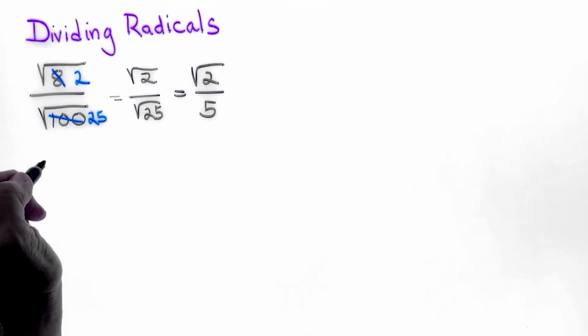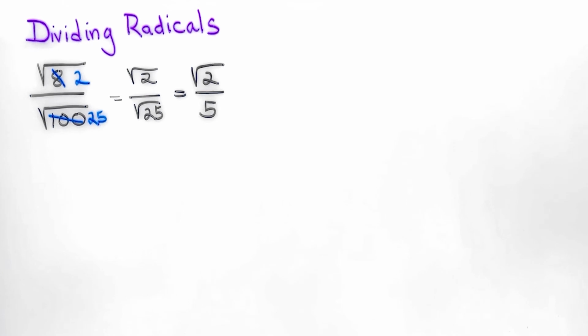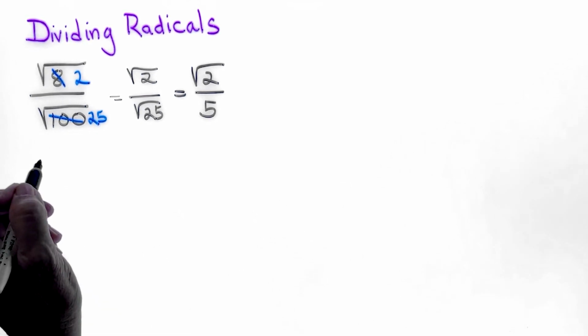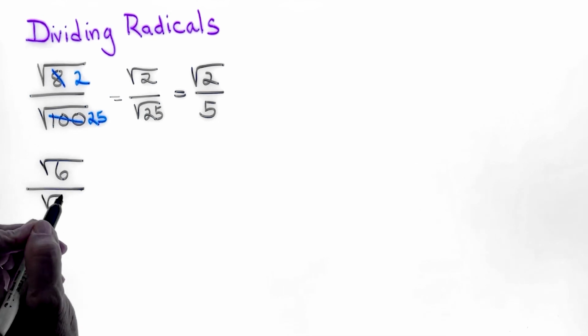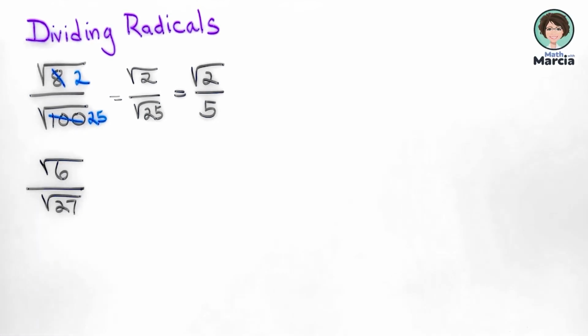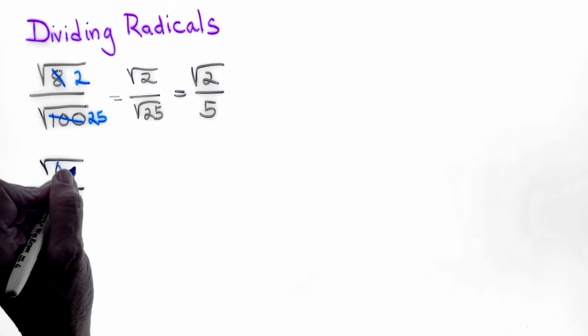The next problem I would like to work with you is the square root of 6 over the square root of 27. Again, I see both of these numbers are divisible by 3. So I'm going to divide my 6 by 3, and it becomes a 2.